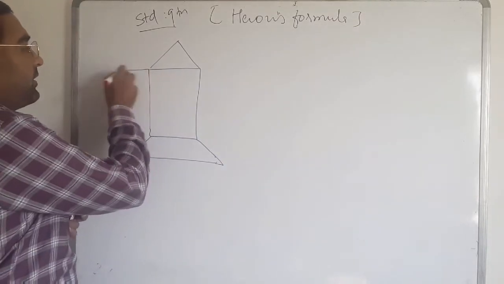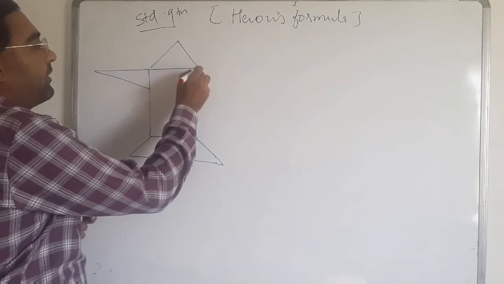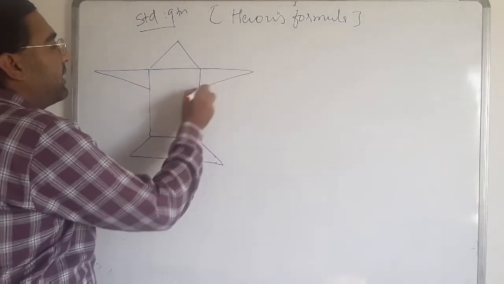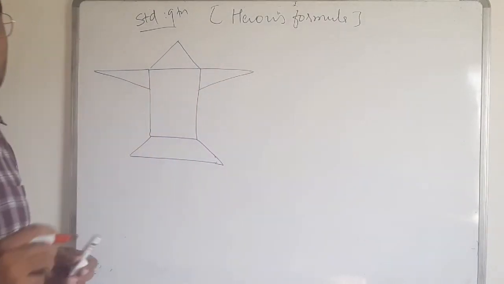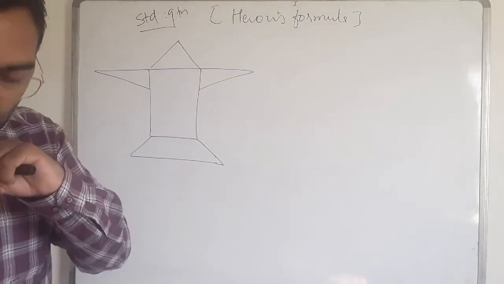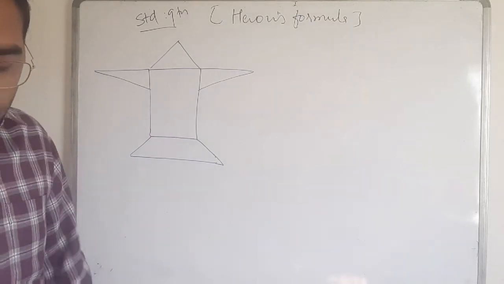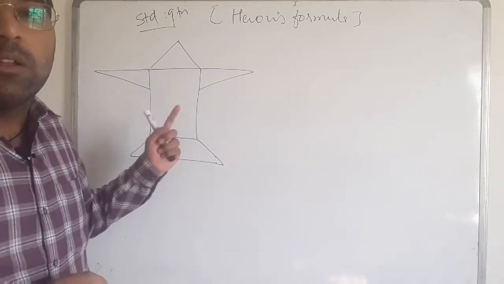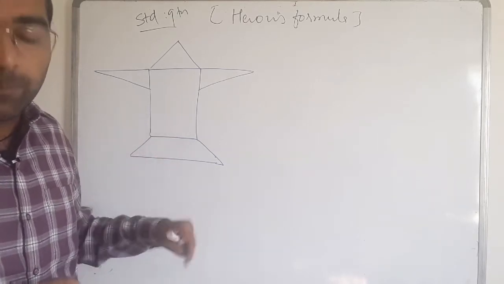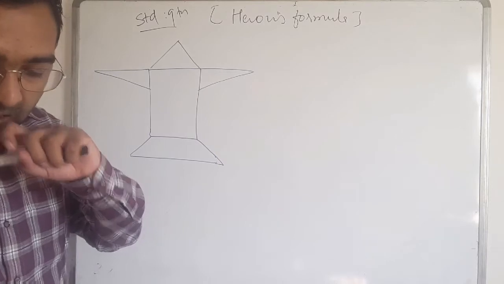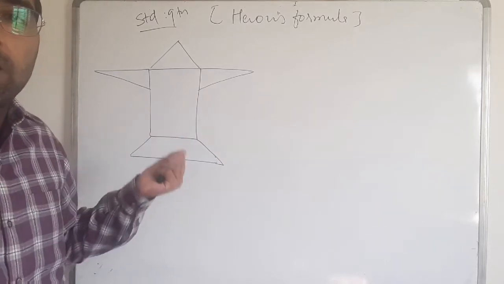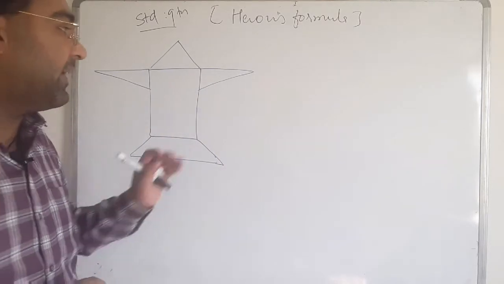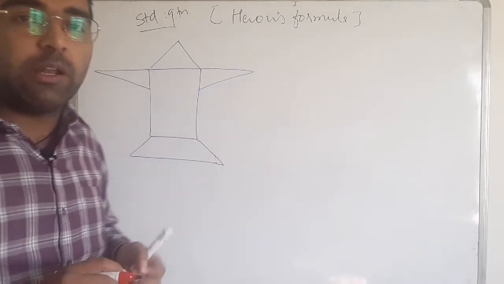And here are two right angle triangles with equal areas. There are 1, 2, 3, 4 and 5 regions. So we have to find the area of all of these 5 regions, and finally we have to add them at the end.